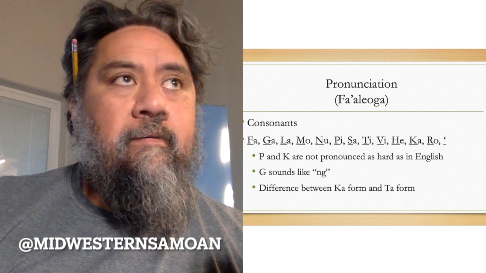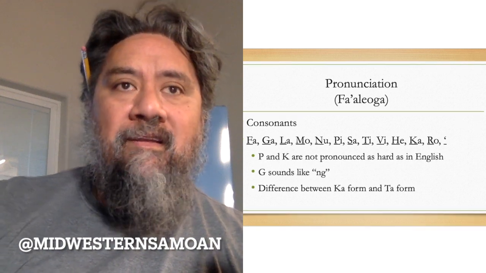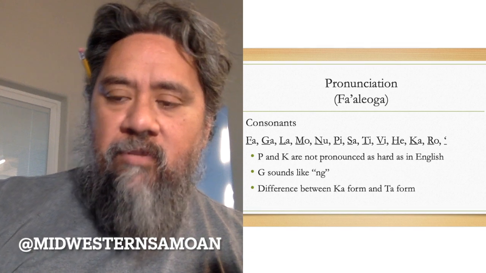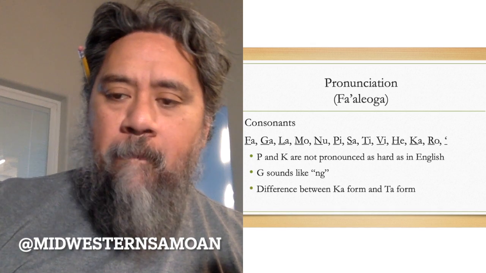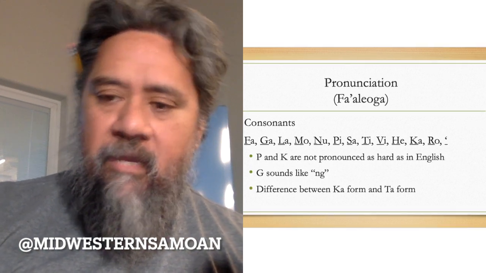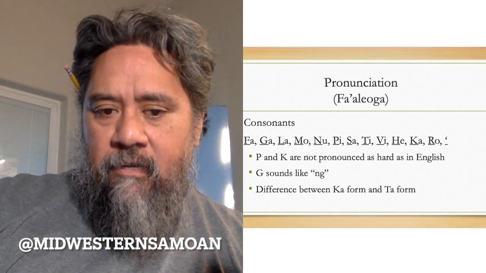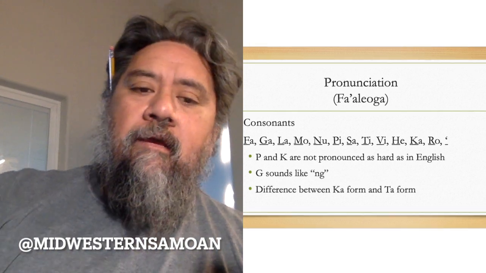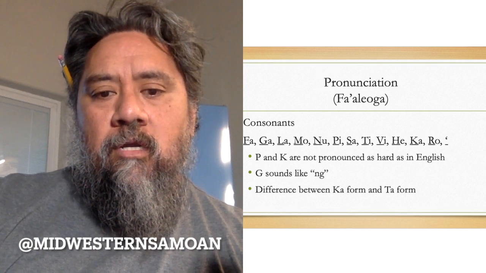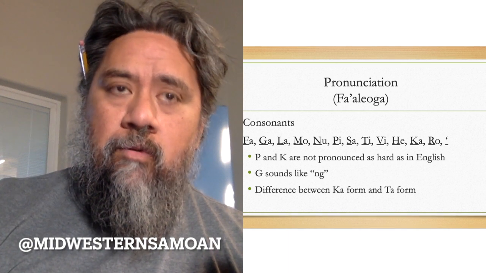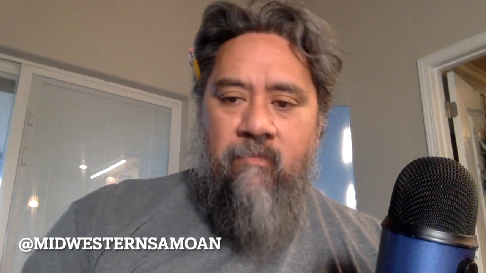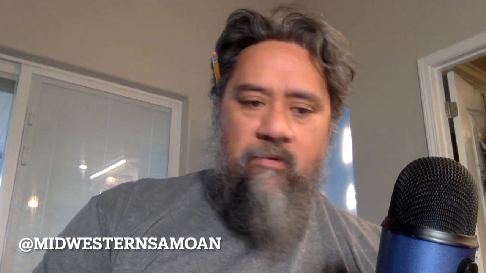Like polo, right? You'll want to say polo, but it's like a cross between a P and a B. And then the G's, we went over that, the NG. And the he, ka, ro were actually added to the alphabet later because of more words coming from foreign languages, so to fit those.